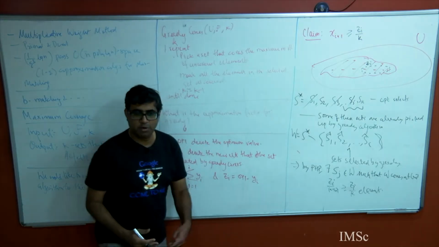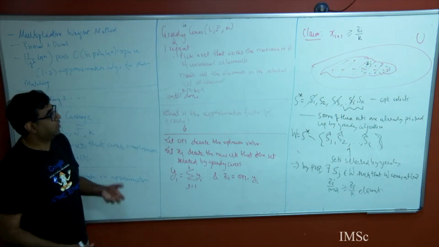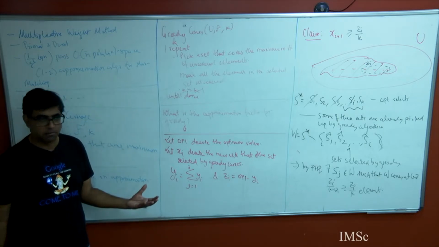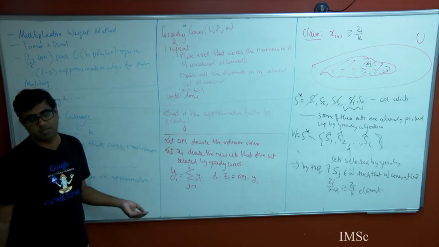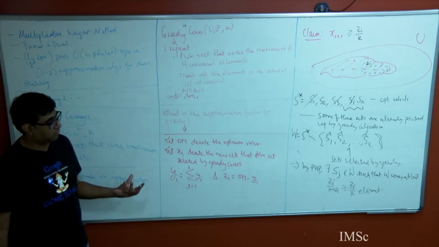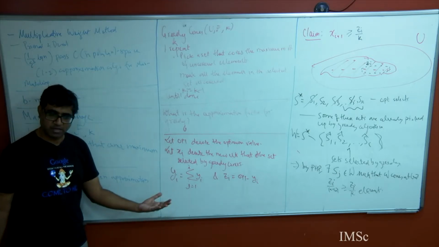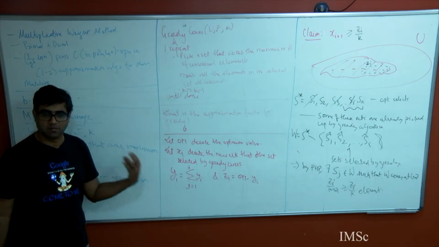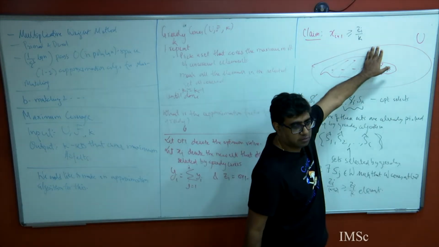So the number of new elements that my greedy algorithm covers in the i plus 1 step is at least as much as optimum would have covered, like look at the remaining elements divided by k, right? Because there is a way to cover this much of elements by some set, and I choose the set which maximizes the number of uncovered elements. So this is very clear that xi plus 1 is greater than or equal to Zi by k.